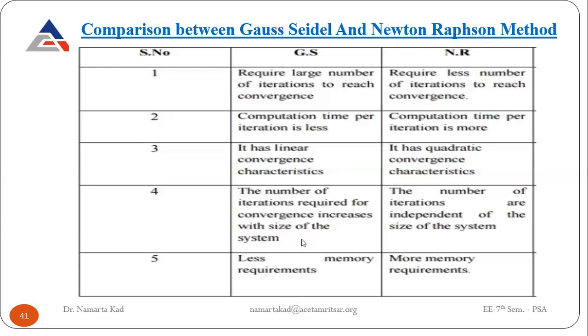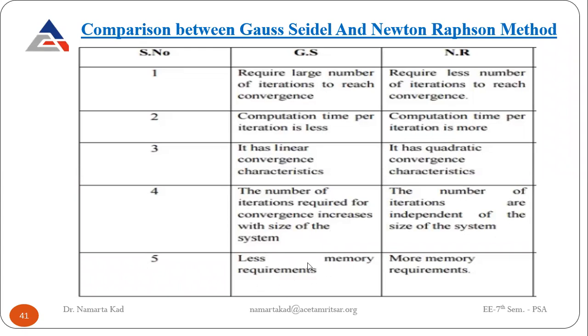If the system is of large size, then the number of iterations required also becomes very large. But here in the Newton-Raphson, the number of iterations is independent of the size of the system, whether the system is small or large. So some fixed iterations are to be applied under each step, each calculation.